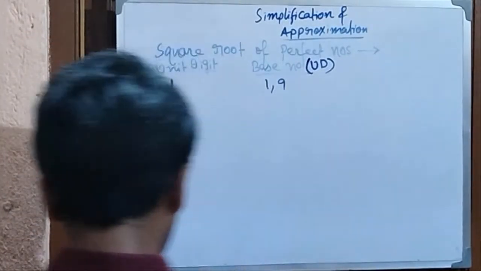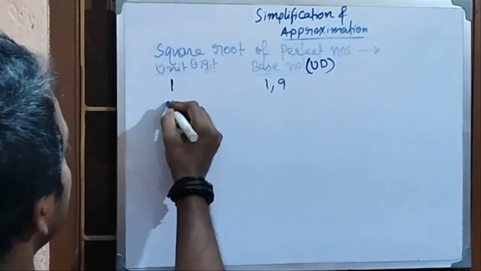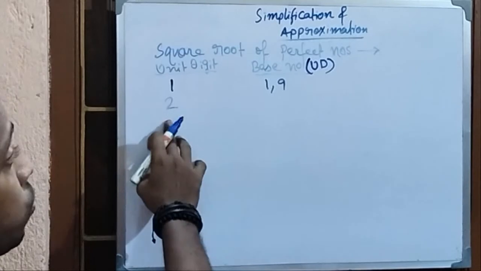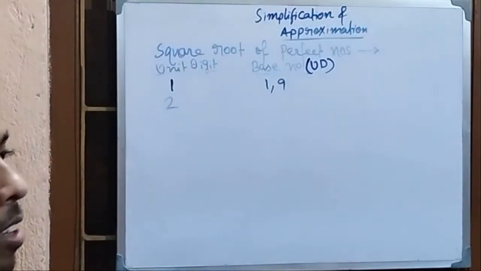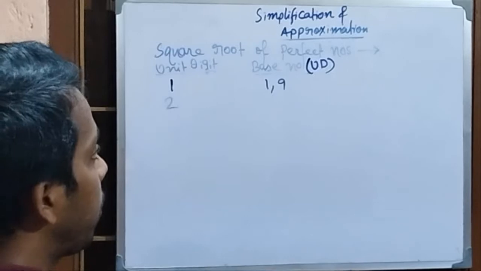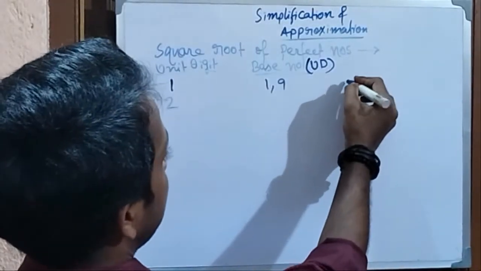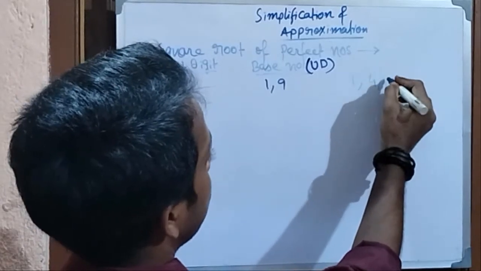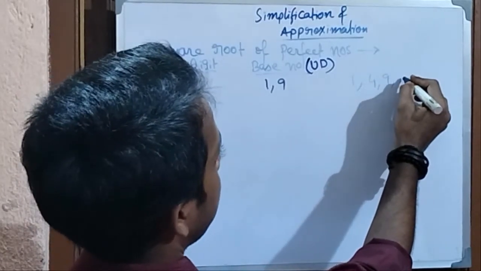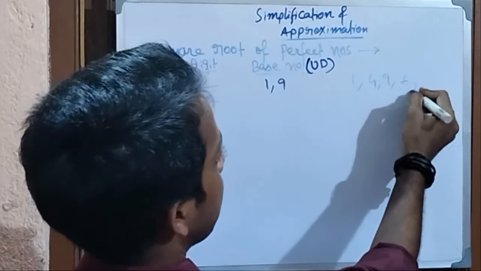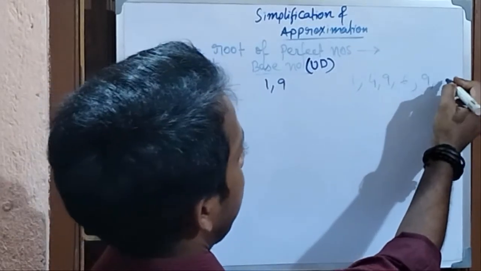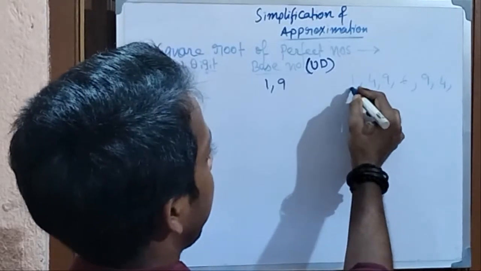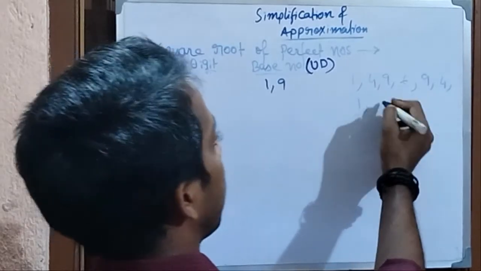Okay. See, if the unit digit is 2, unit digit 2 would not be there. Say why? Because in each of these cases, 1 squared is 1, 2 squared is 4, 3 squared is 9, 4 squared is 16, meaning unit digit 6, 7 squared again 9, 8 squared 4 again, 9 squared 1 again, and this is all.